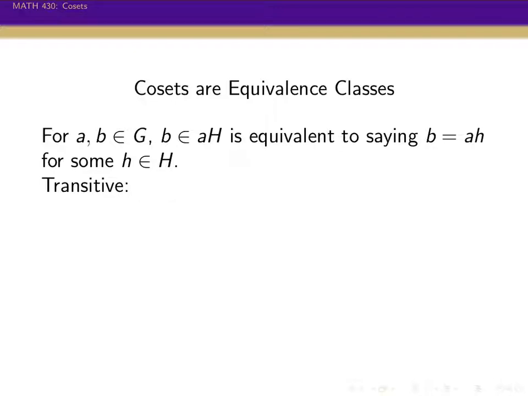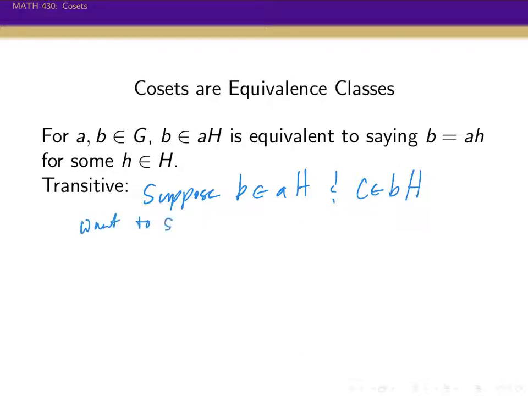Lastly, being in a coset is transitive. To prove this, let's suppose that B is inside AH and C is inside BH. Then what we want to show for transitivity is that C is actually inside AH.